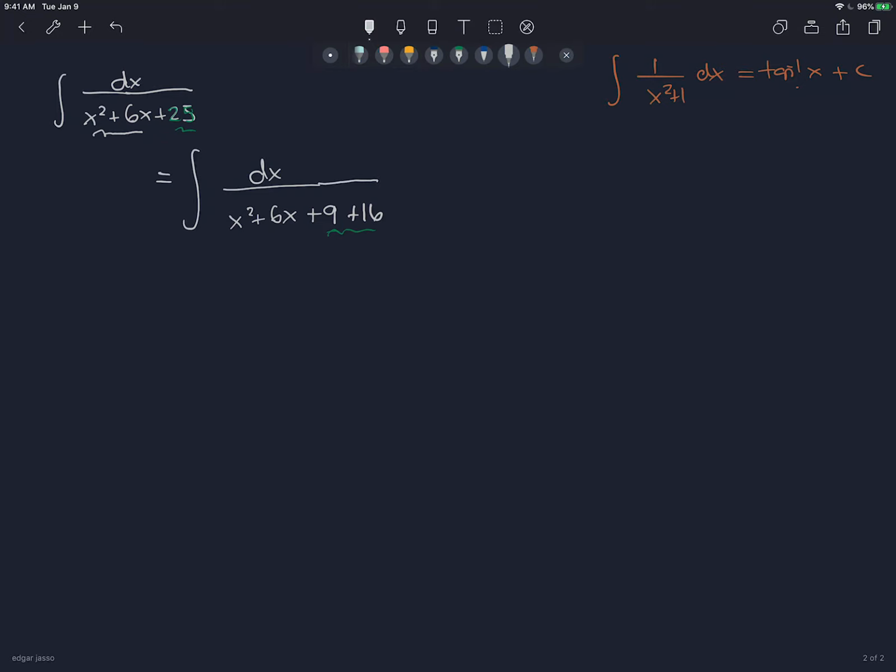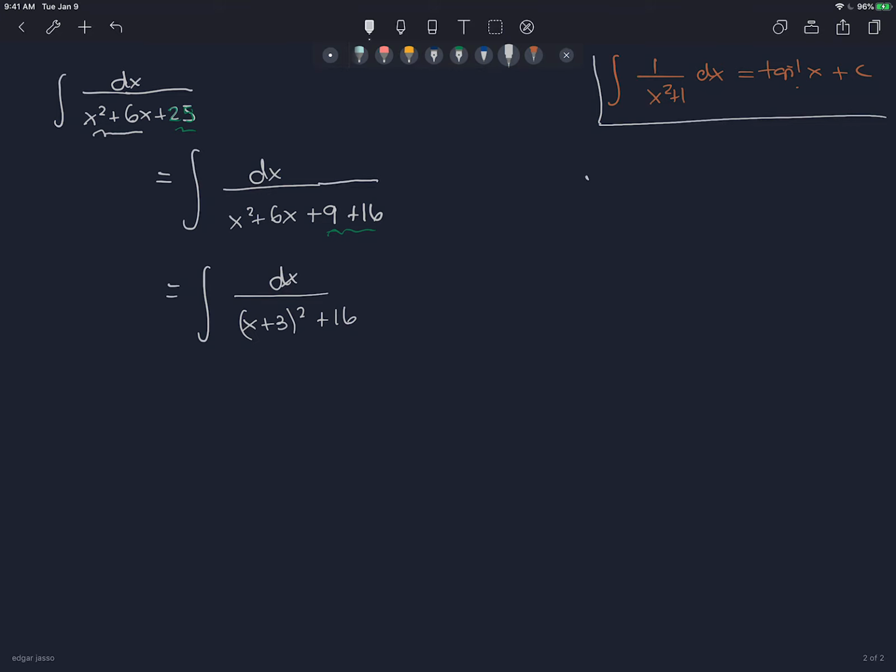Okay? So how does that help me? Well, that helps me because now I'm going to have dx over x plus 3 quantity squared plus 16. Now it looks a little bit better. This is kind of what I want, getting closer to what I have over here, right? I have a quantity squared.